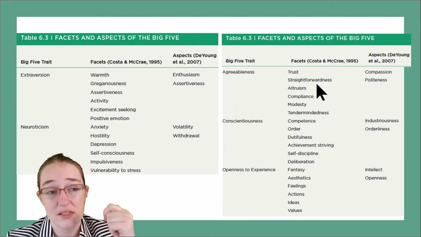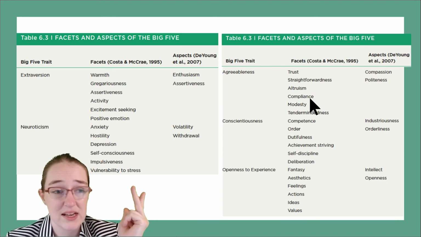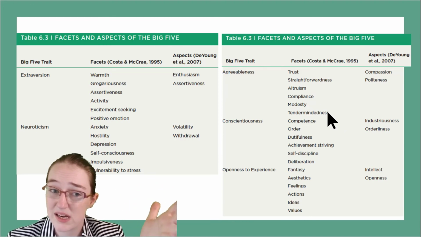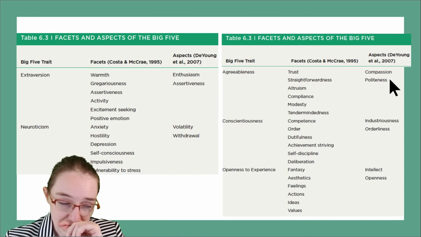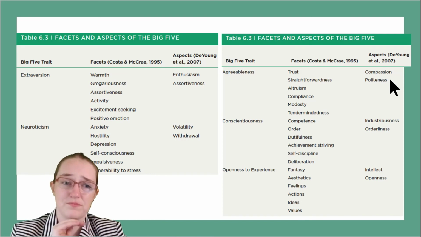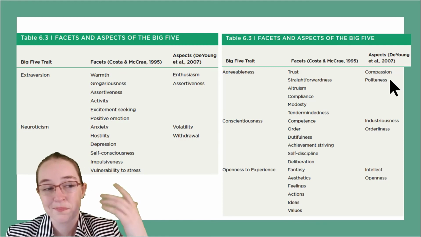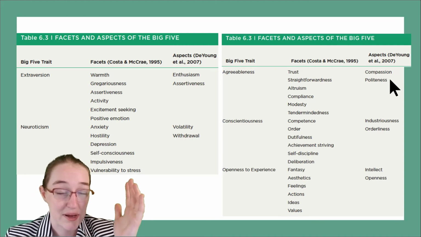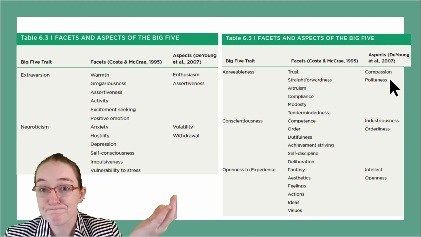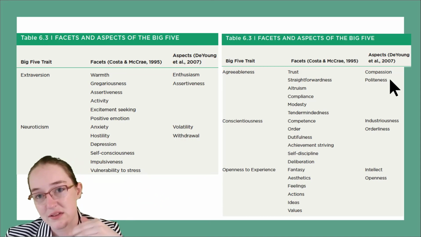Agreeableness has trusting, straightforward, altruistic, compliant, modest, tender-minded. Colin breaks these down into 2, compassion and politeness. So, for me, I'm really compassionate, but not super polite. So I'm high on one, low on the other.